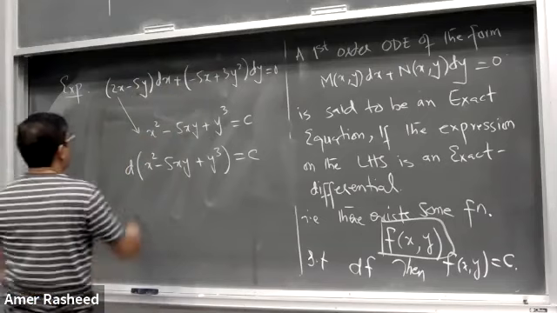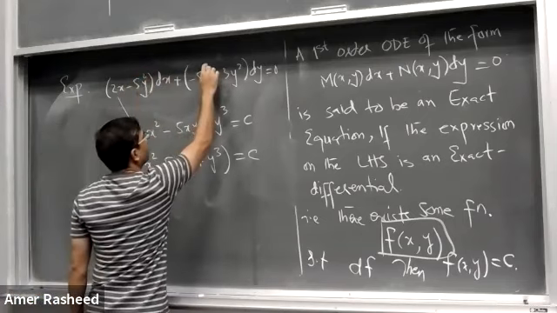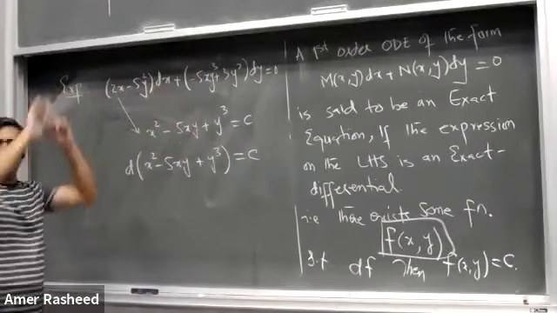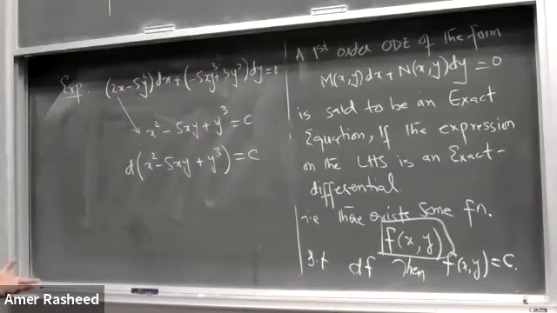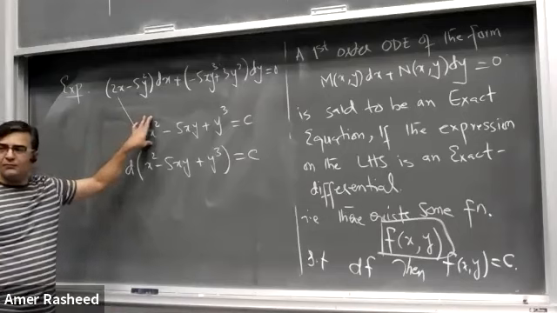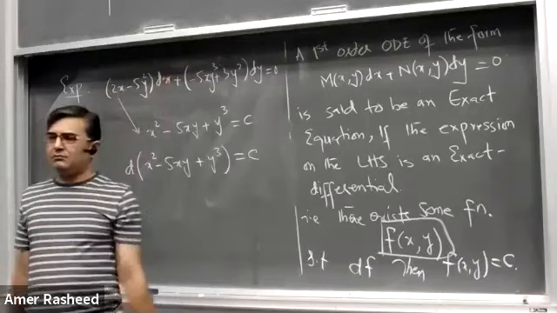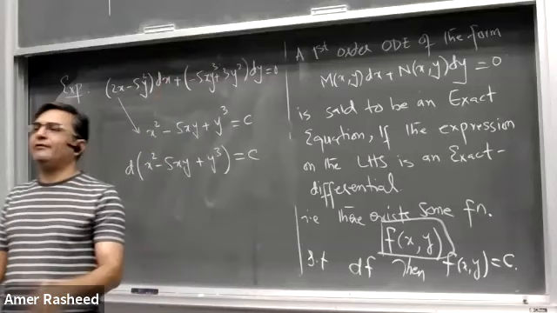But what if we have maybe a square here and 5xy cubed here and many other terms, so that we cannot guess this function? If we have some complicated functions of x and y, then we won't be able to find some function whose differential is this expression.